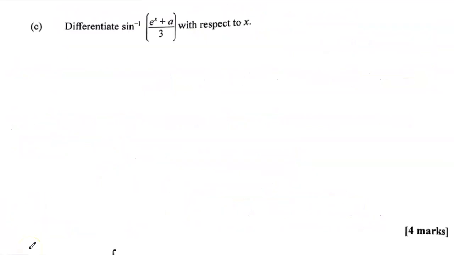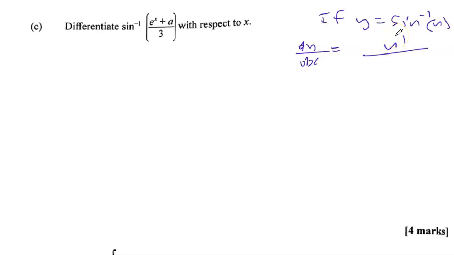Next, we are asked to differentiate sine inverse of e to the x plus a over 3 with respect to x. So we're going to treat the a as a constant. So the rule for differentiating sine inverse, so we know there's a rule, that's if y equals sine inverse u, it means that dy by dx is equal to u prime over the square root of 1 minus u squared. So in this case, u is always what's in the bracket.